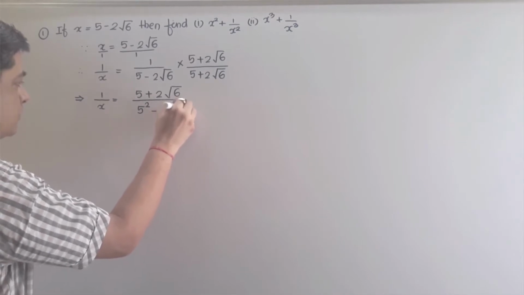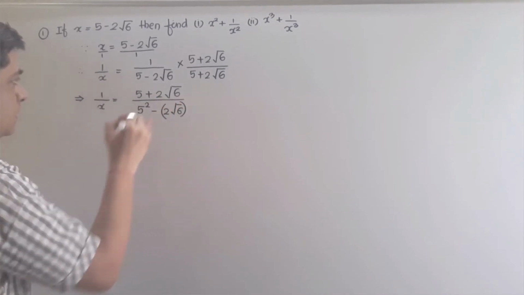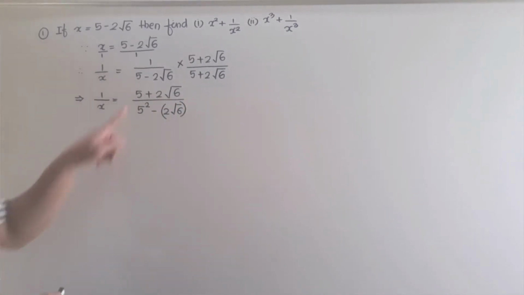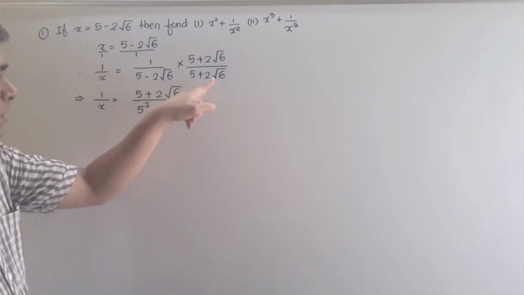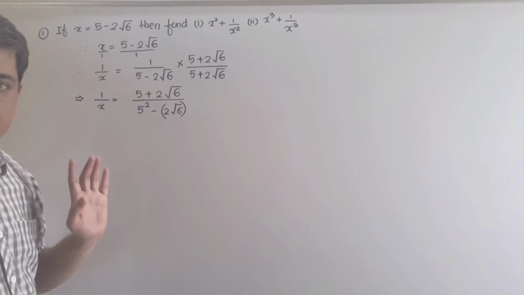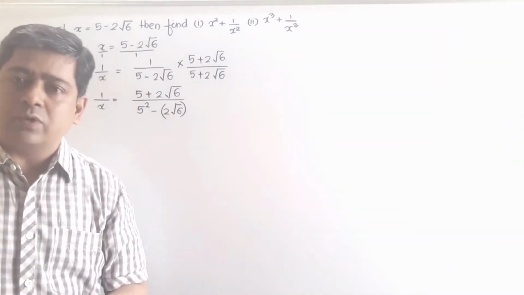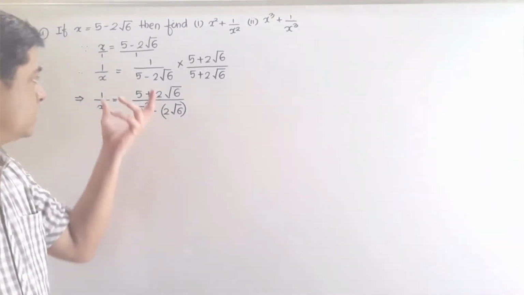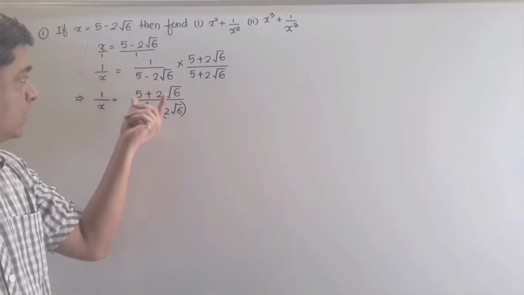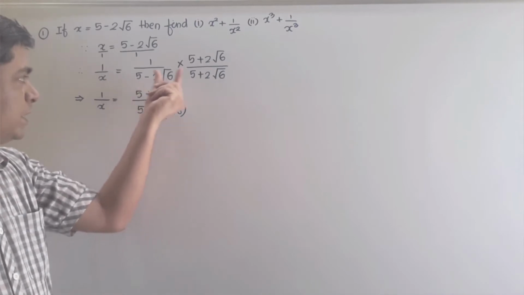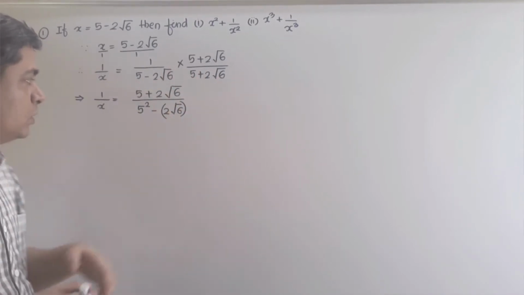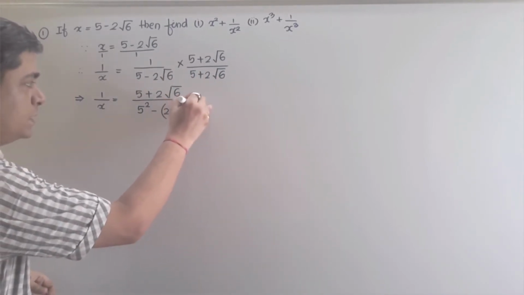As you can see, 5 minus 2 under root of 6 is in the form of a minus b and 5 plus 2 under root of 6 is in the form of a plus b. Several times we have done the process of rationalization, so you can easily find this is a minus b and this is a plus b. A minus b into a plus b is equal to a square minus b square.